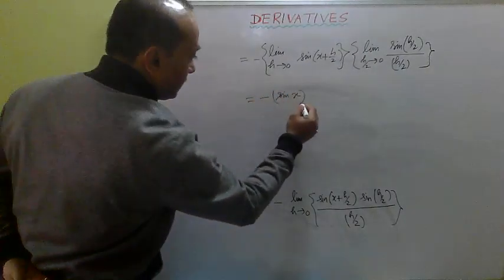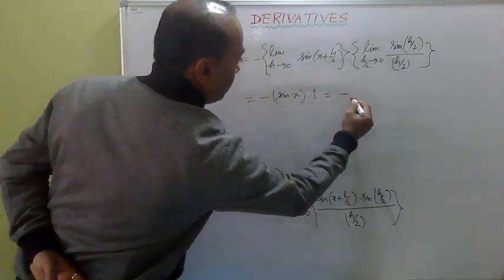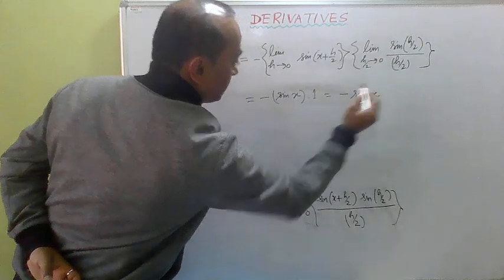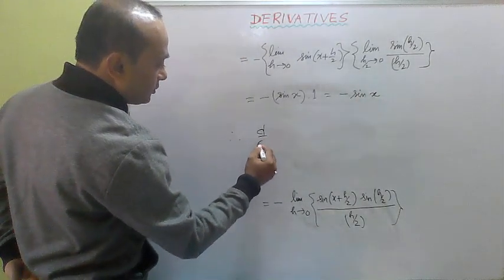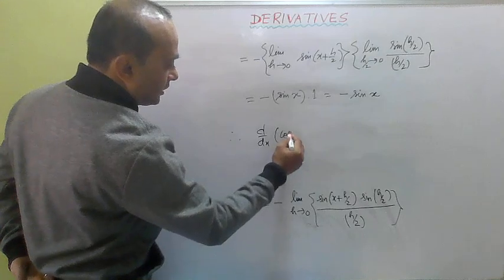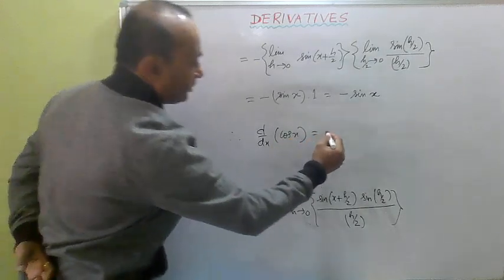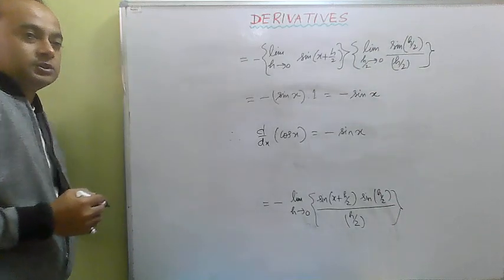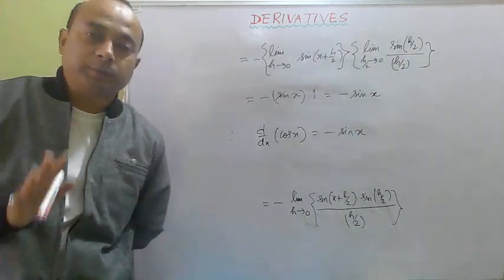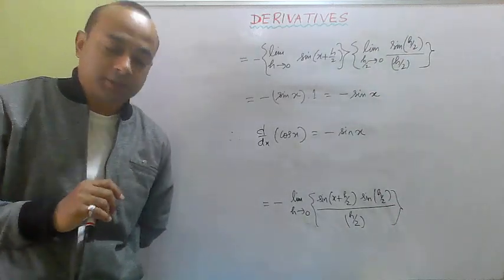So this value will become 1. So the remaining is minus sine x. So you can write down the conclusion remark now, that is d/dx of cos x is equal to minus sine x. So far we have found the derivative of two functions, sine x and cos x.